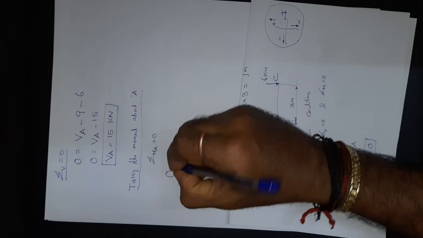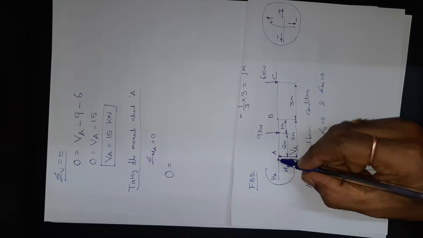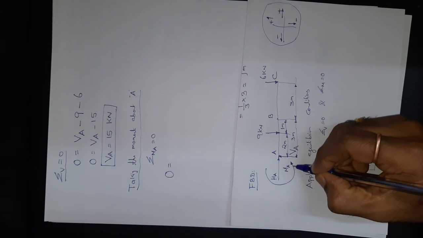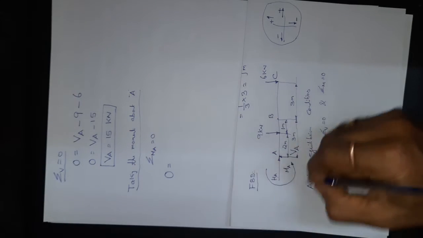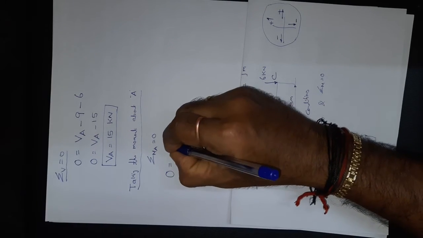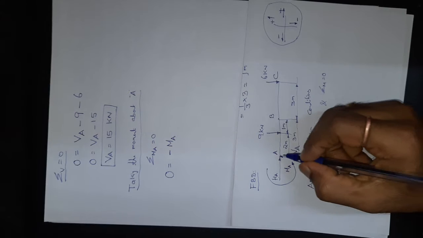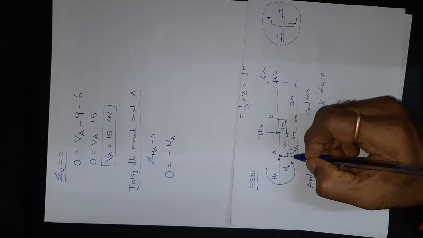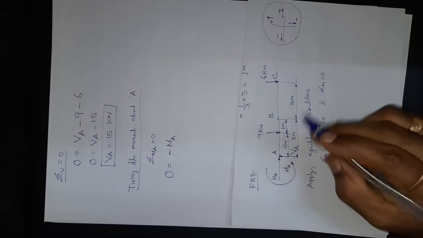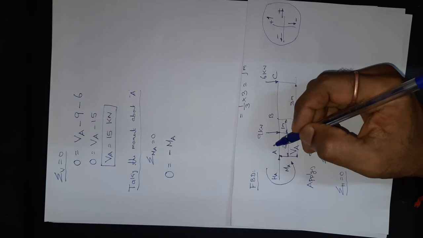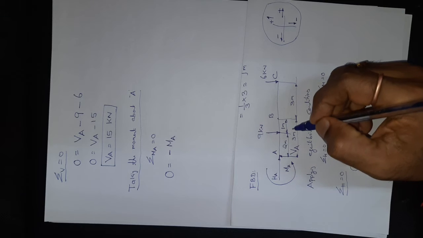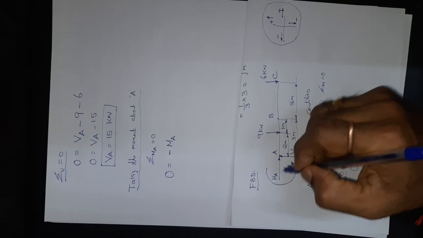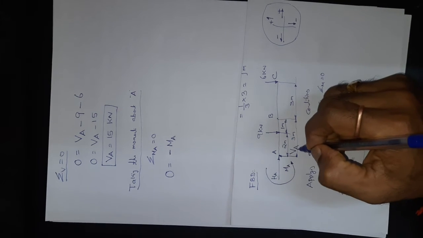So 0 equal to, look at A, a moment is there which is acting anti-clockwise, which will carry a negative sign. So MA. At the origin there won't be any distance, so for HA and VA the moment would be 0, because the moment is the product of force and its perpendicular distance, right? So HA into 0 is 0, VA into 0 is 0.